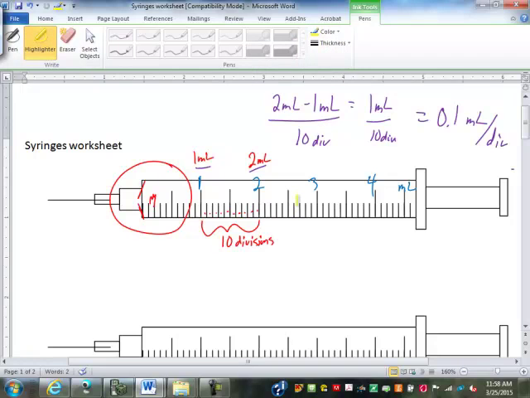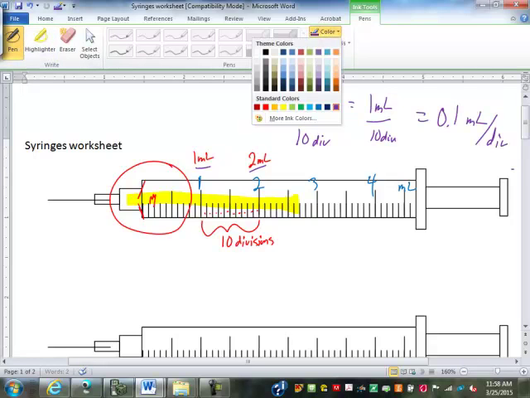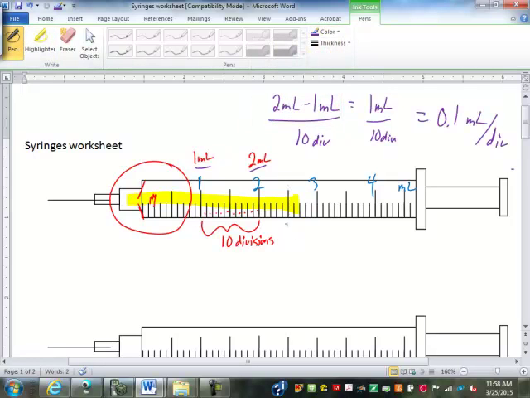So let's say that this is filled to right here. Well, first I can tell by this that this marking right here is 2.5, because it's halfway between the 2 and the 3. And each one is 0.1 from there. So this would be 2.6, 2.7. We have 2.7 milliliters.